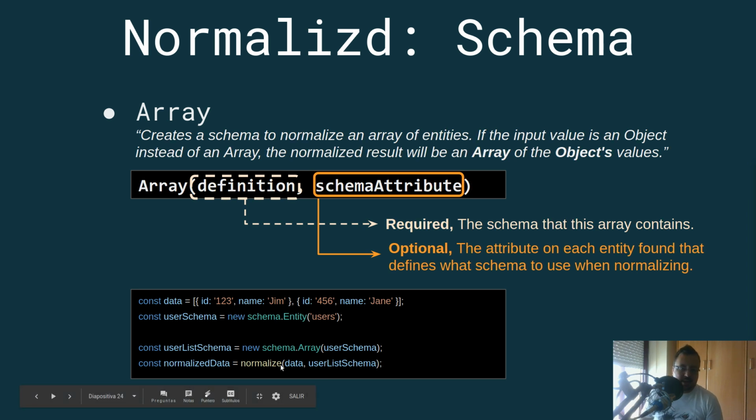See that we have normalized data. We call it with data and user list schema. The data is the definition. So we go here and we see data is just an array with the objects. So this is like the user definition, what has inside. We are defining the object.